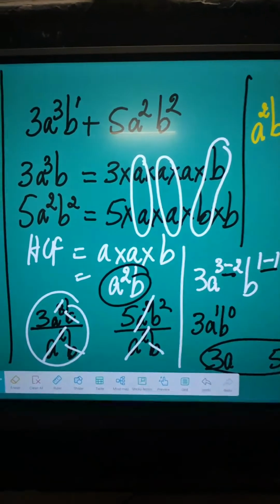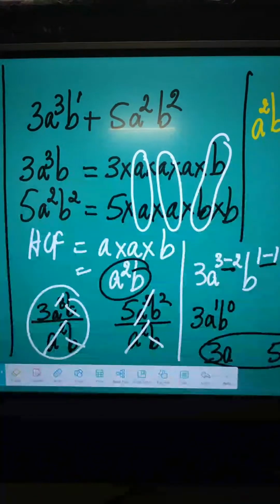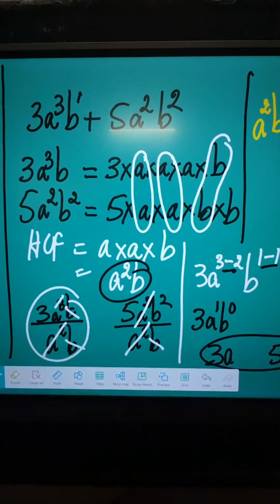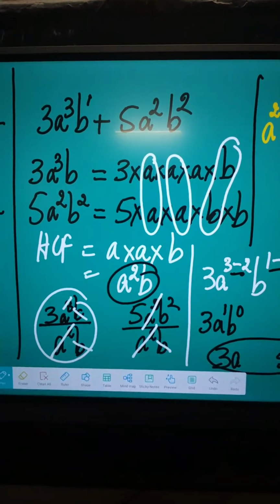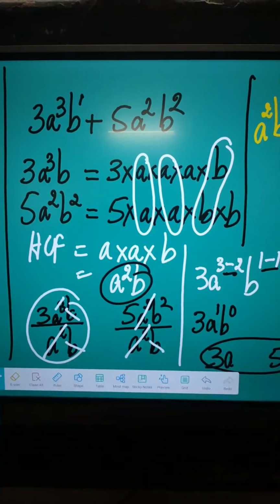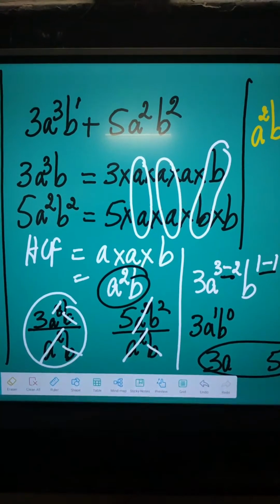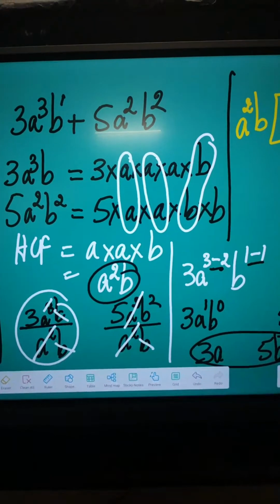If you want, you can take a screenshot and send it in the group. When you leave the stream, you can see the recording again. Take a screenshot of this and send it in the group. I am explaining all methods of factorization, then we will start the exercise, and you will be able to understand quickly.